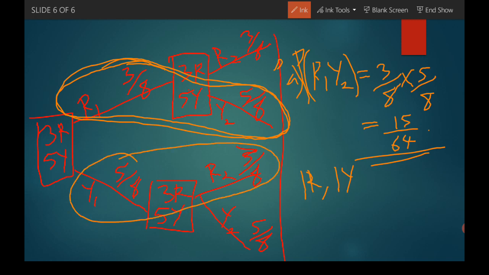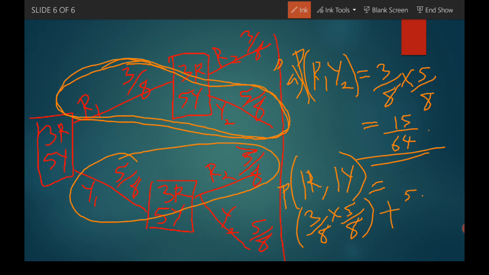So the probability of picking out these will simply be equal to, remember, for the different paths, you add the resulting probabilities. So we shall have 3 out of 8 times 5 out of 8, plus 5 out of 8 times 3 out of 8.